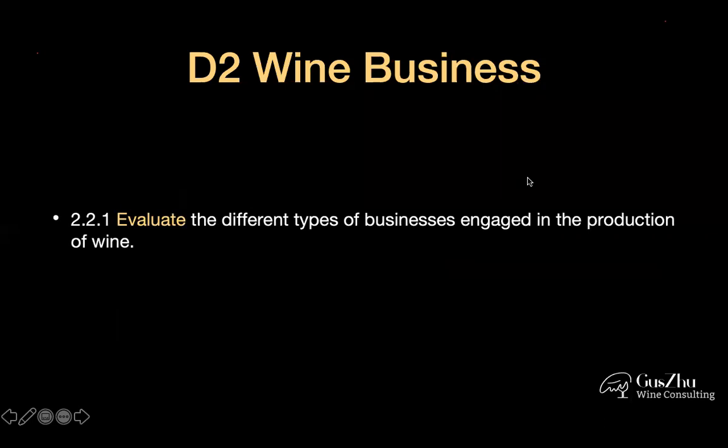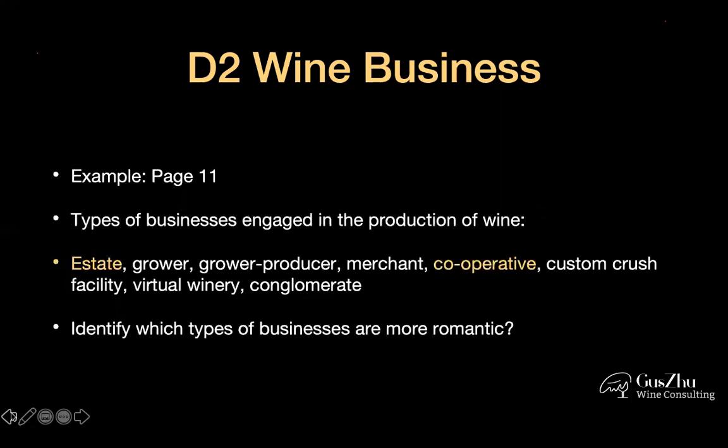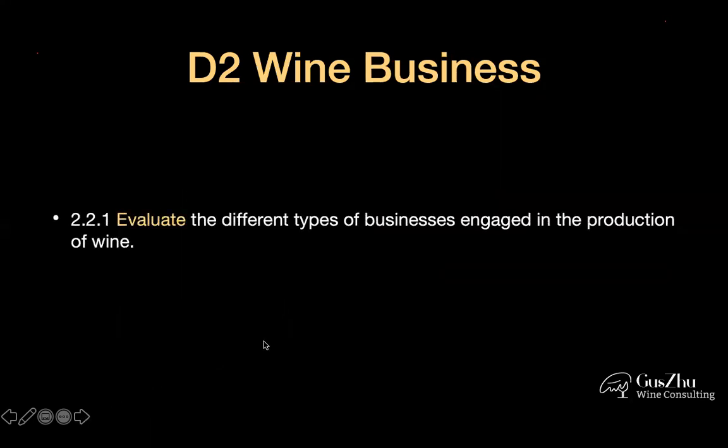All right, so for decoding that, let's look at the assessment criteria. Evaluate the different types of business engaged in the production of wine. So when you look at these terms to learn, estate, grower, cooperatives, it's not only about memorization, it's also about evaluating them, okay?